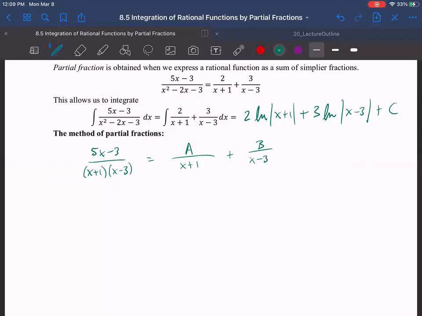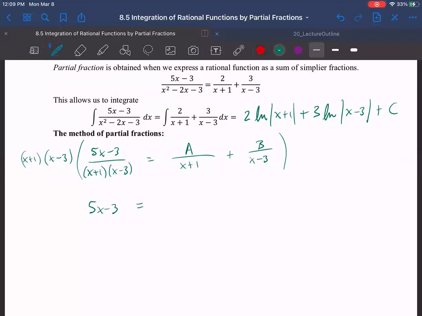What I then can do is combine the fractions together, or you can think of it as I'm just going to multiply everything by (x + 1)(x - 3), both sides. What that will do is give me just 5x - 3 on the left side.